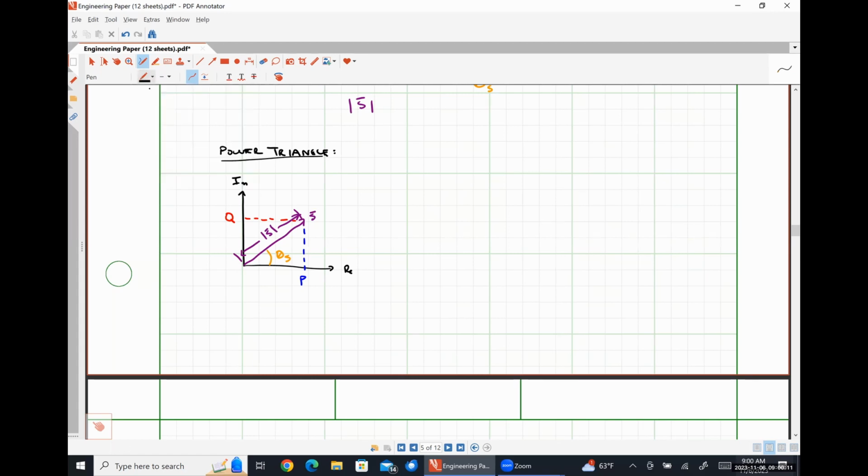From this simple diagram, we can easily see that S is P plus jQ, or magnitude of S angle theta S. Just reinforcing that all you ever need to know is V times I conjugate.